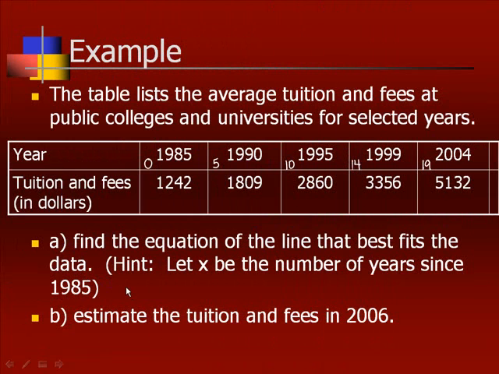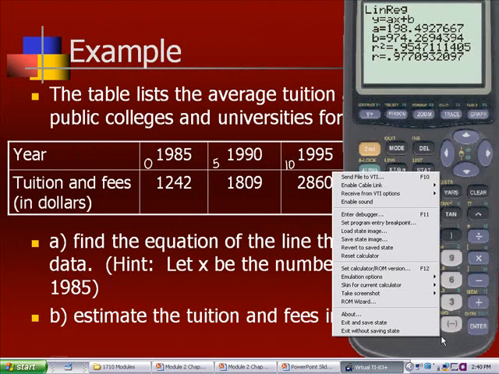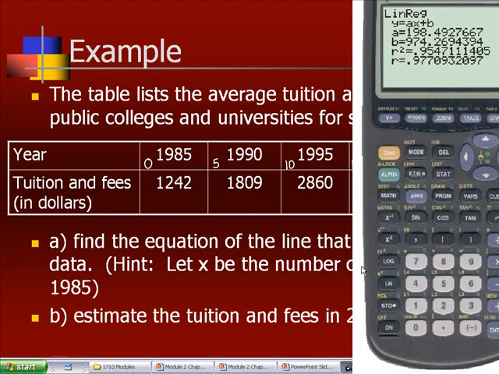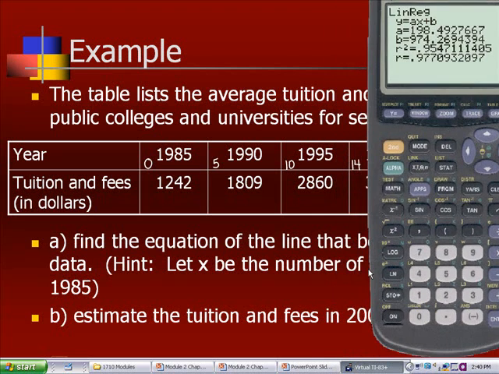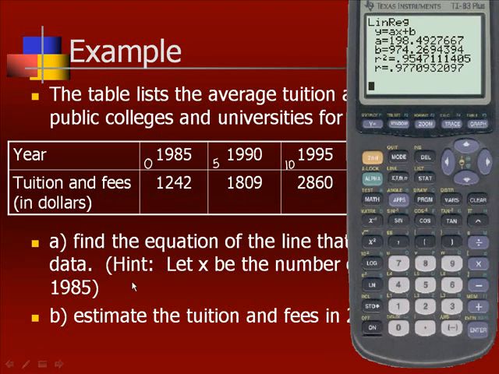If you want your calculator to stay on the screen while you're writing, on your calculator, right-click, go to Options, and do Stay on Top. This way we're going to get a calculator that stays on when we're writing.